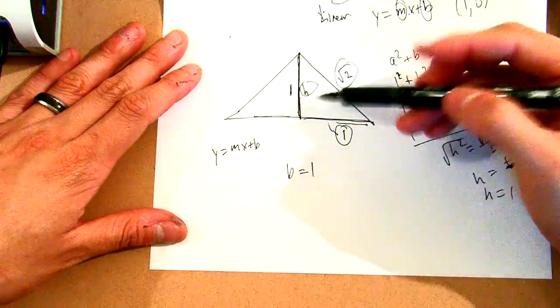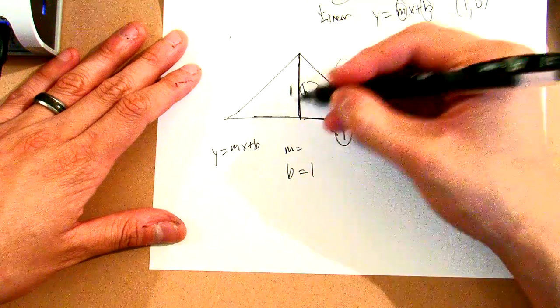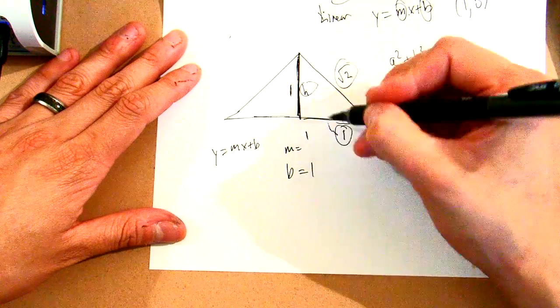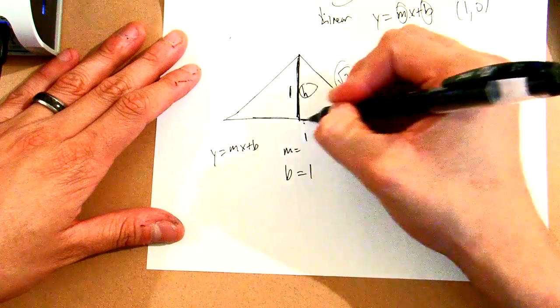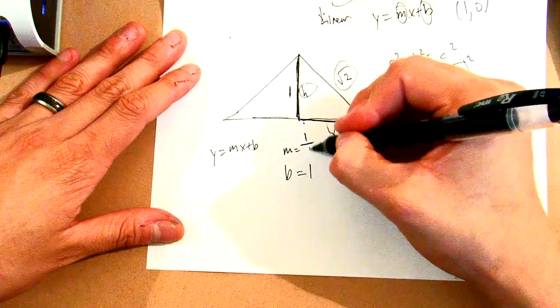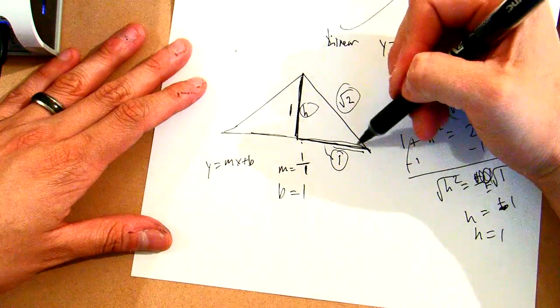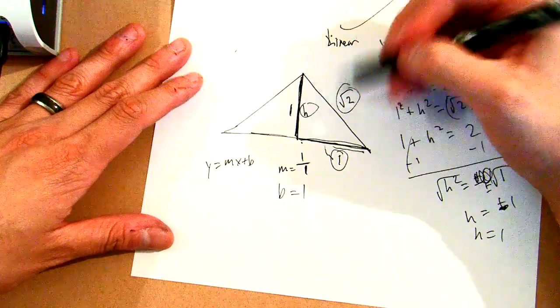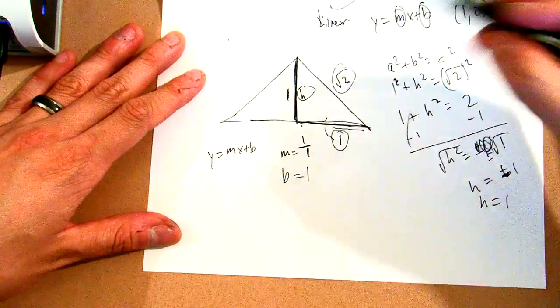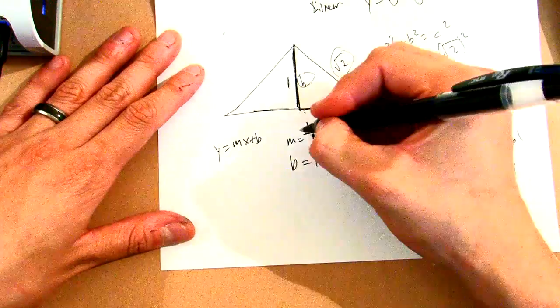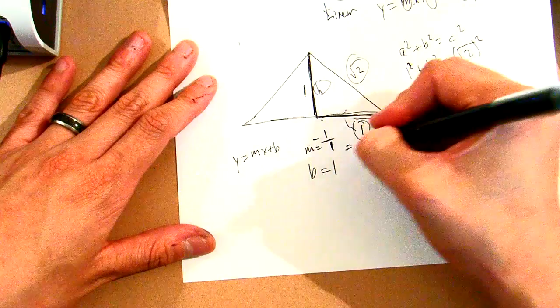And what is my rise? It rose 1, and it ran 1, and the slope is it going negative or positive? It's clearly going negatively, so it's going to be negative 1 over 1, which is just negative 1.